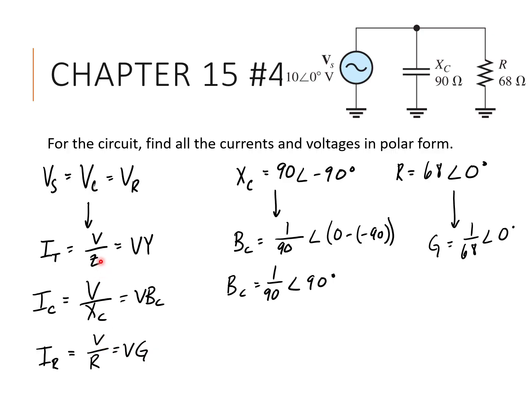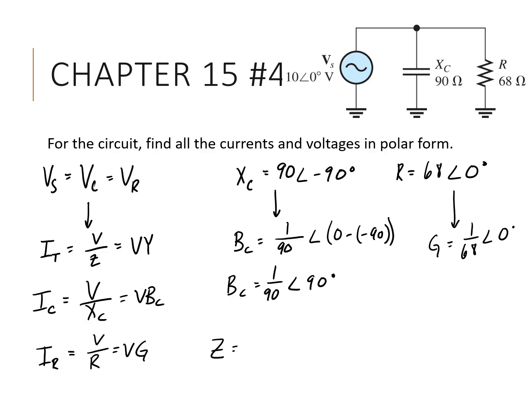So now we just need to decide, do we want to use Z, XC, R, or do we want to use Y, BC, G? If we want to use Z, XC, and R, we have those equations. We're able to execute them.